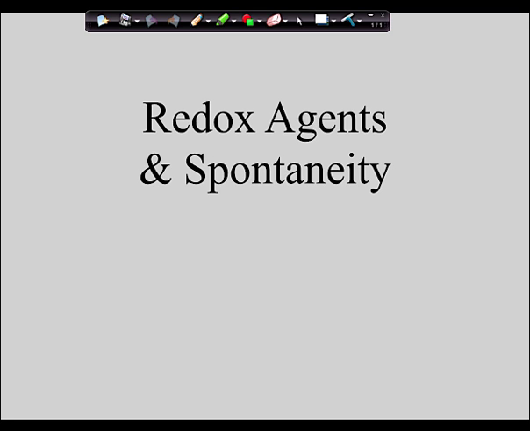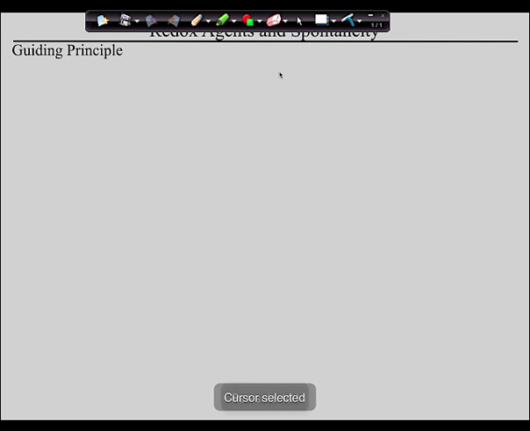So guys, step number one, you ready? Redox agents. Grab the brightest, boldest thing you've got, and here's what you're going to do. Take your table, and you are going to break your table into quadrants.